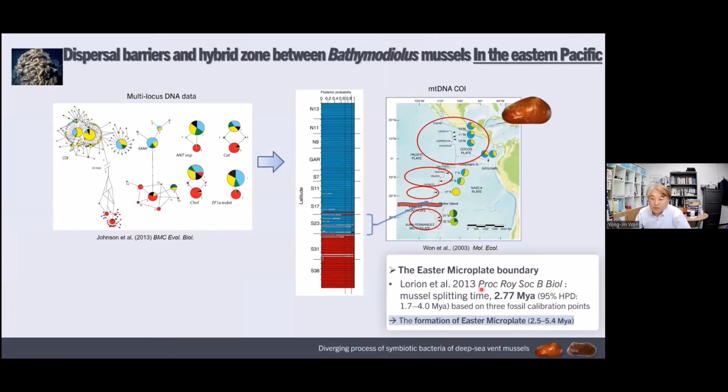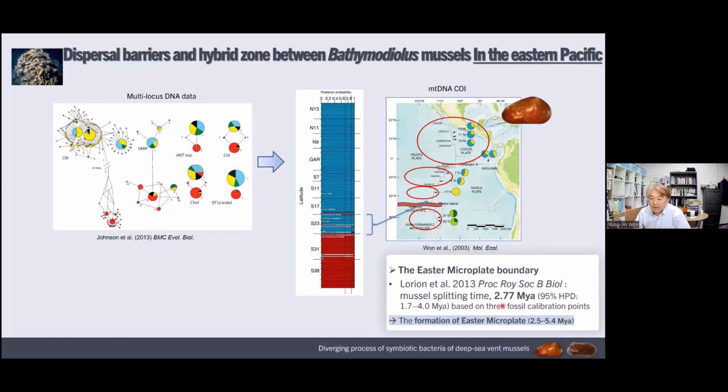From this study, I'd like to note an independent study, Lorion et al. In 2013, they published the phylogeny and divergence times of deep sea mussels. Their time calibration was based on three different fossil calibration points.